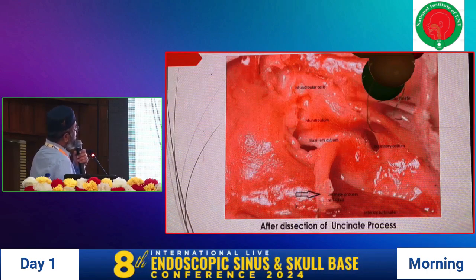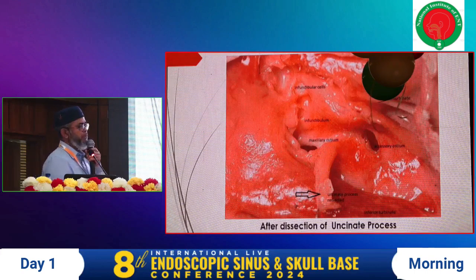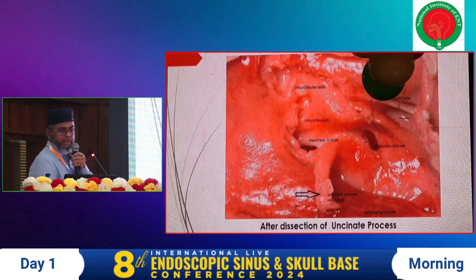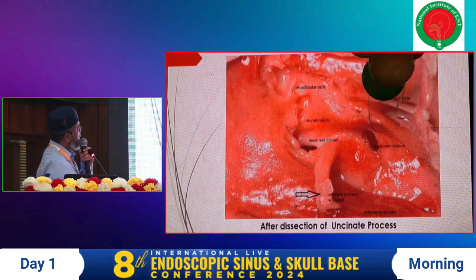The bones are mainly the uncinate process, inferiorly the descending part of the lacrimal bone, the maxillary portion of the inferior turbinate, and also the perpendicular plate of the palatine bone, with intervening mucosa, and somewhere there is no intervening bone, only mucosa. That means the anterior and posterior fontanelles.